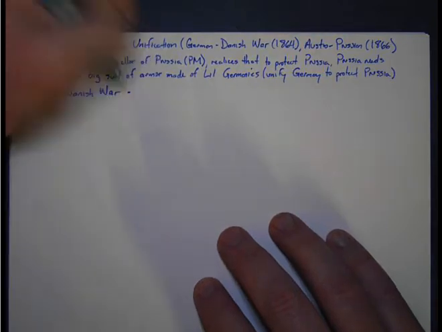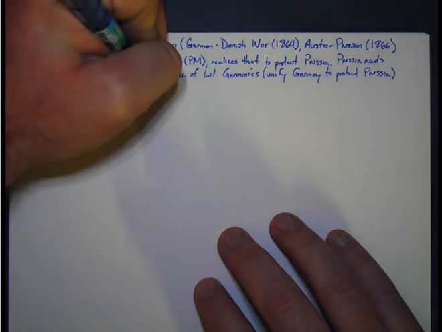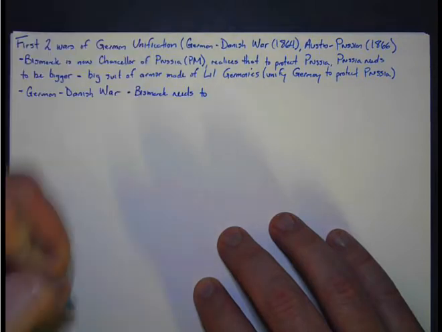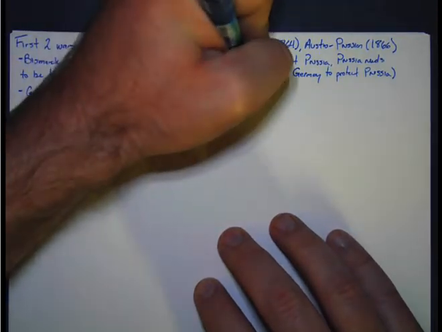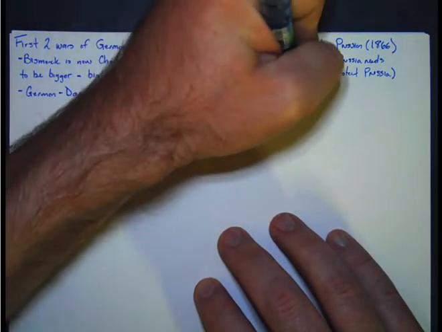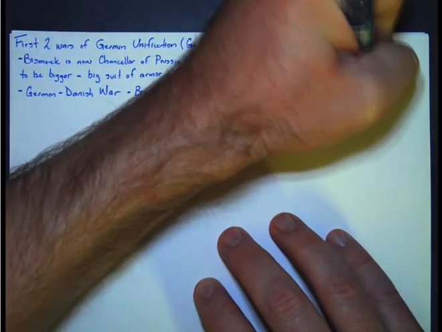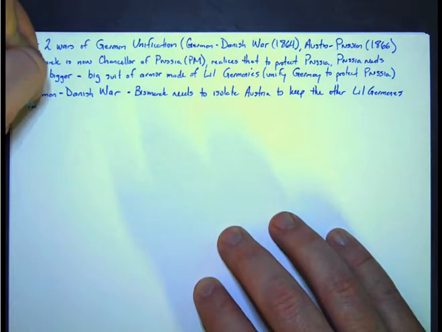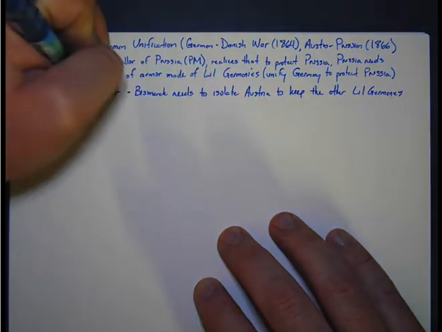Now, the point of this war is that Bismarck needs to isolate Austria to keep the other little Germanys from wanting to unify around them.